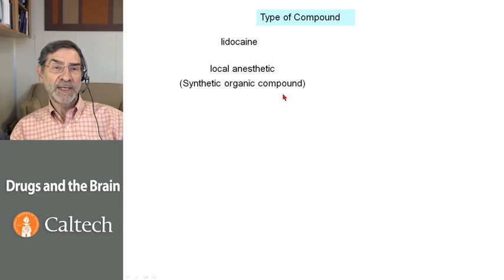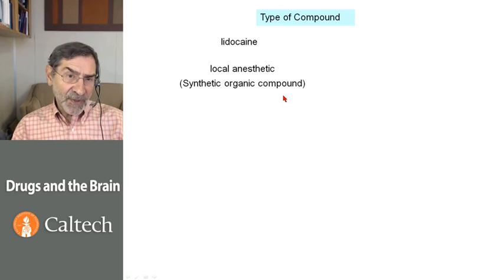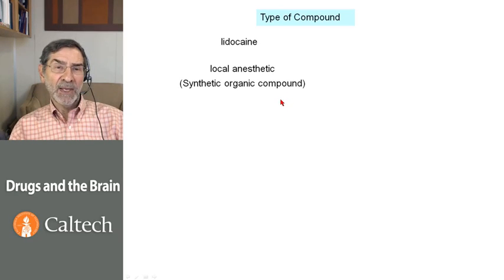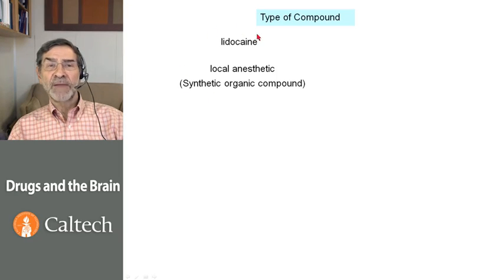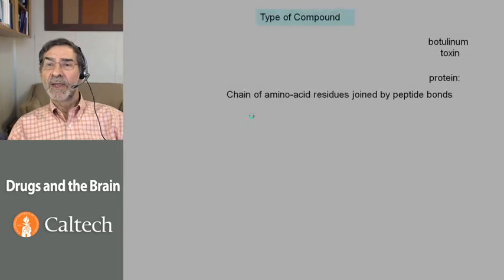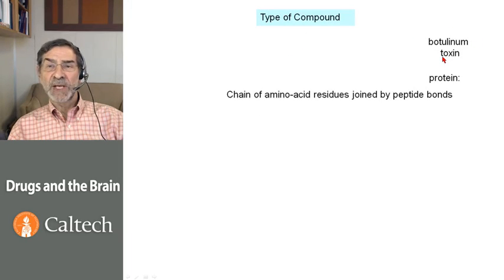It does not exist in nature. It's a derivative, an analog of procaine, which in turn is an analog of cocaine. A rather interesting story from the early days of medicinal chemistry. And finally, botulinum toxin is a protein, which is a chain of amino acid residues joined by peptide bonds.